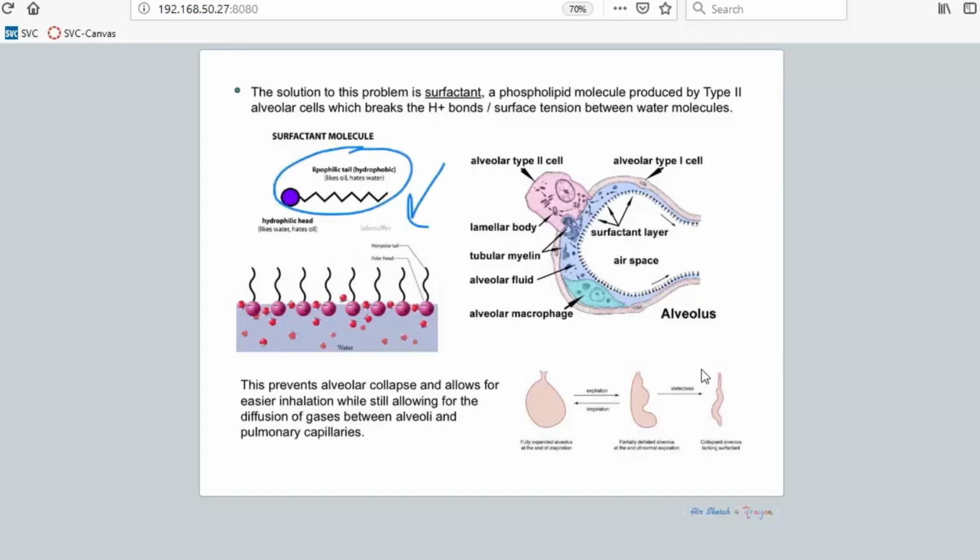What these surfactant molecules do is break the hydrogen bonds between the individual water molecules. So what does that mean? It means we're still able to have water in the lungs, which we want a little bit for gas exchange, but the surfactant is breaking those bonds, and that allows the alveoli to expand as they should without that added difficulty. So surfactant is our solution to that.